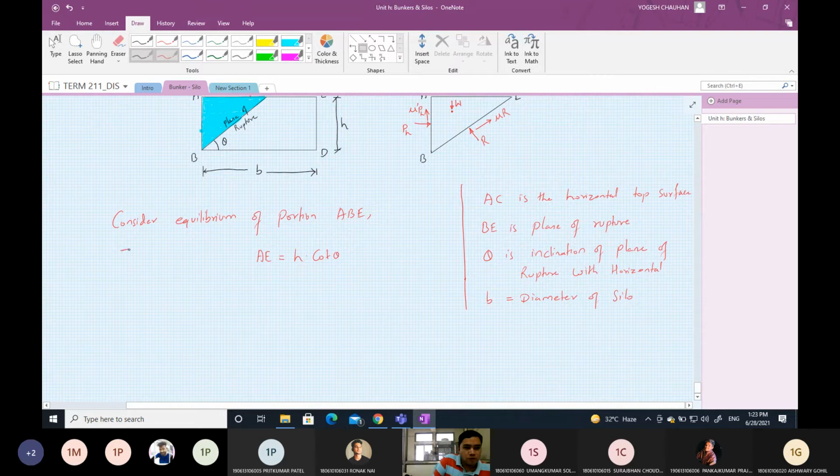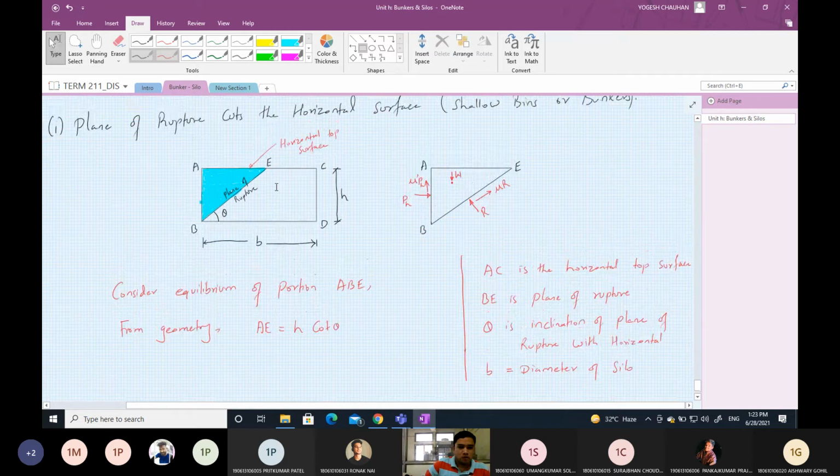So this is from the geometry. AE is equal to H cot theta, because tan theta is equal to H by B. So this angle will be 90 minus theta. So AE upon tan 90 minus theta is equal to AE upon this H. So AE is equal to H cot theta.